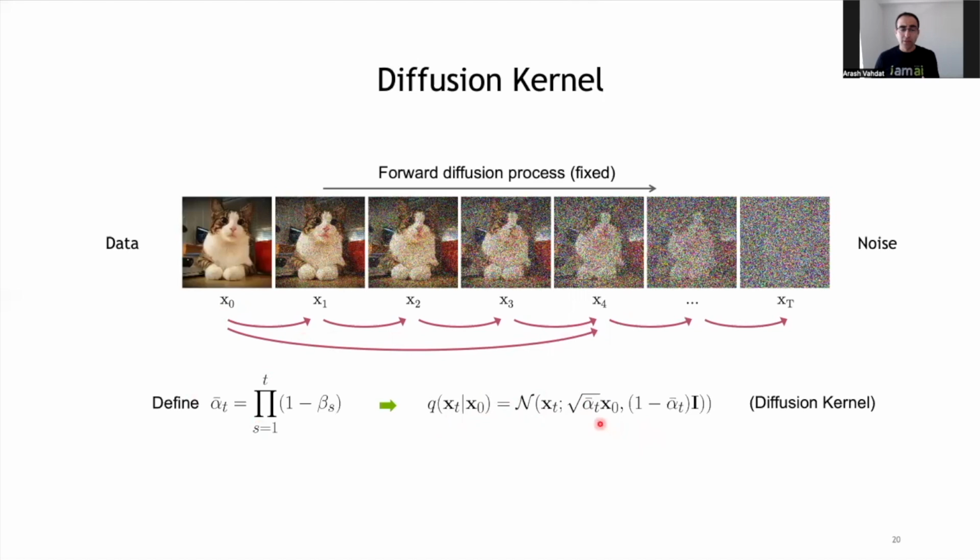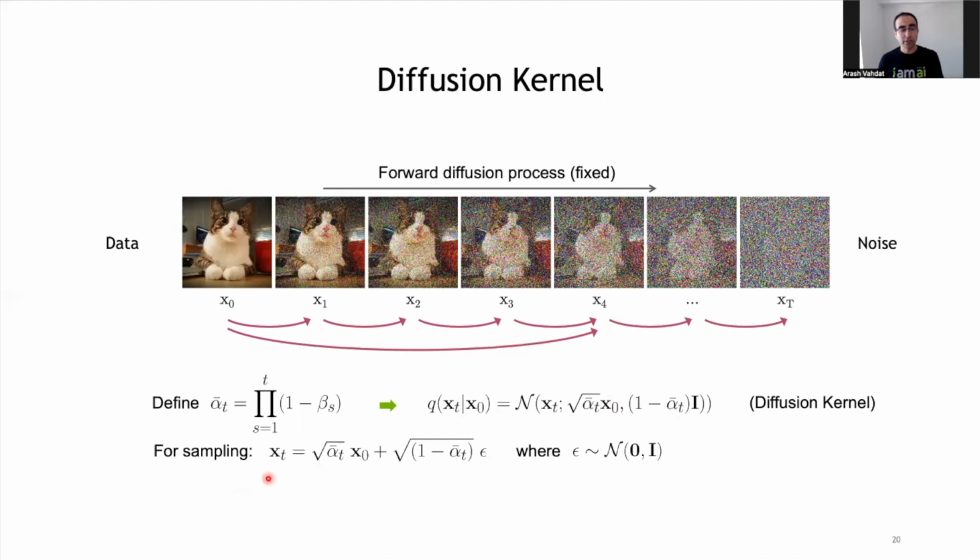Just remember that because betas are just parameters of the diffusion process, we can compute this alpha bar t very easily, and then we can sample from xt given x0 using this normal distribution. We're going to call this the diffusion kernel that diffuses input at time step 0 to time step xt. Recall that if you want to sample from a simple normal distribution, you can use the reparameterization trick.